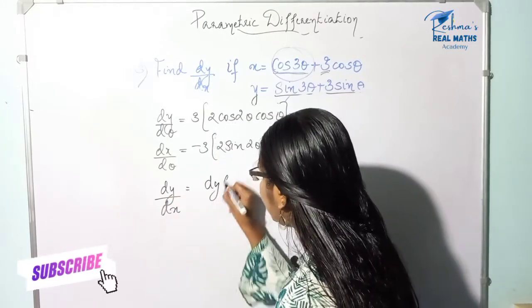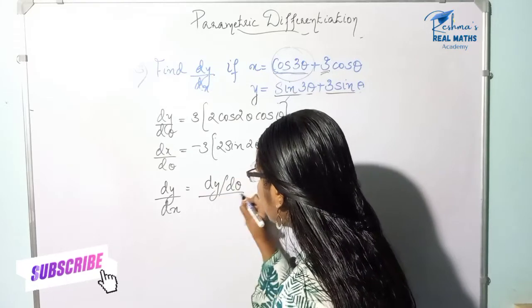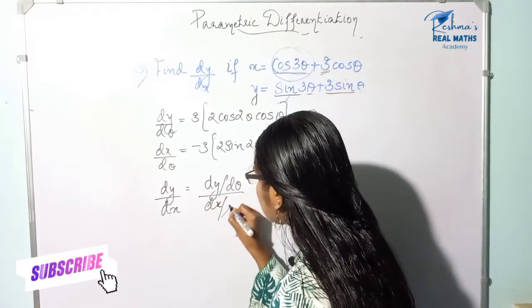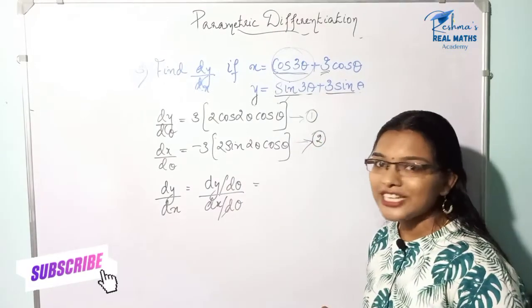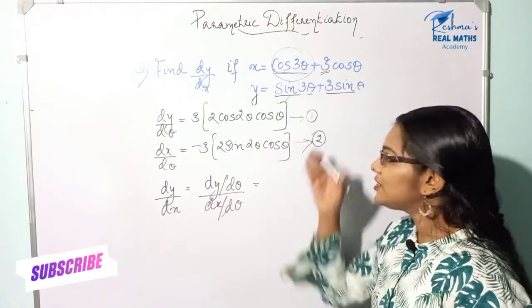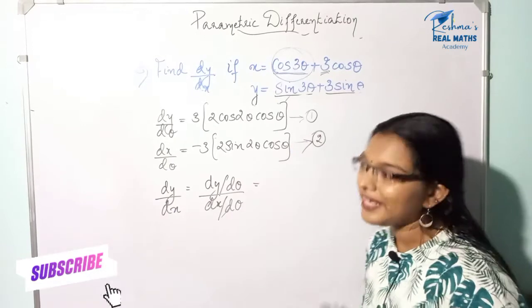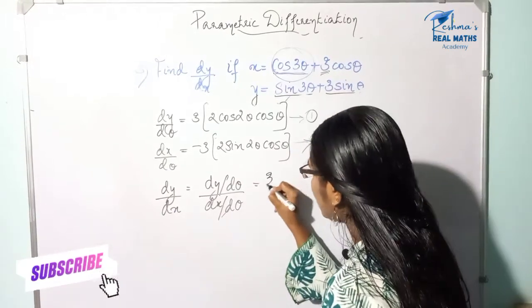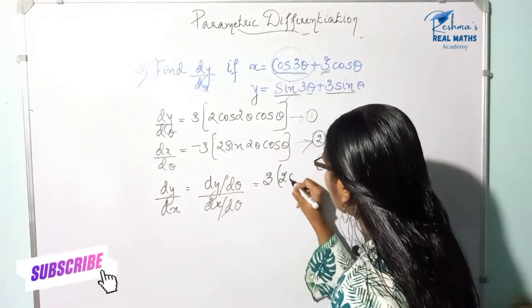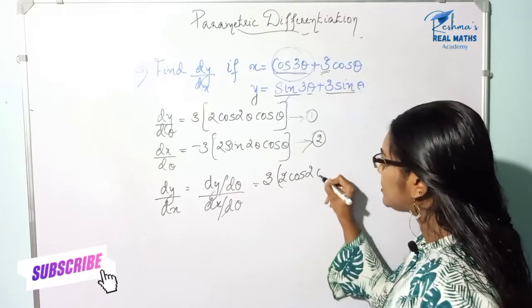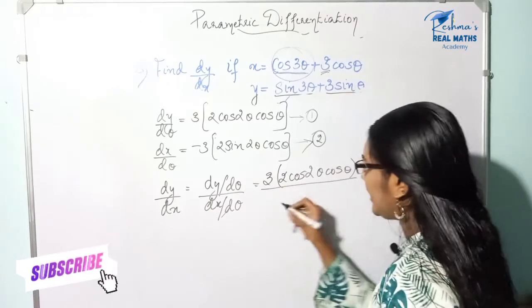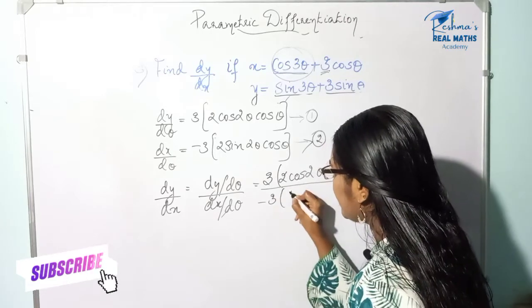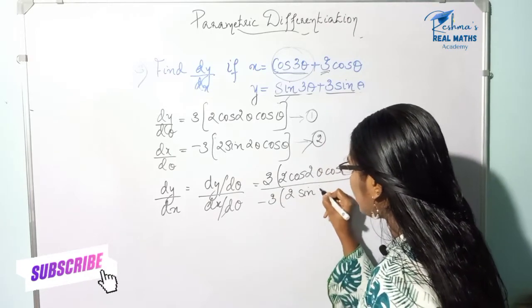Equal to dy by d theta divided by dx by d theta. So we have the answers of numerator as well as denominator, isn't it? So just we have to substitute them. What is it? Equal to 3 into 2 cos 2 theta cos theta divided by minus 3 into 2 sin 2 theta cos theta.